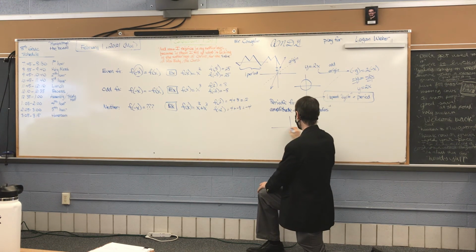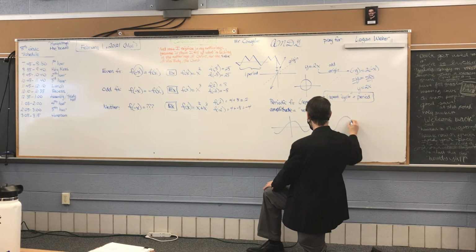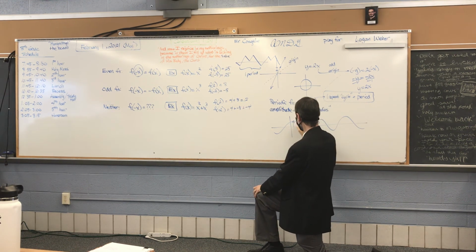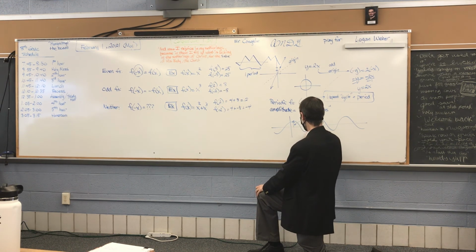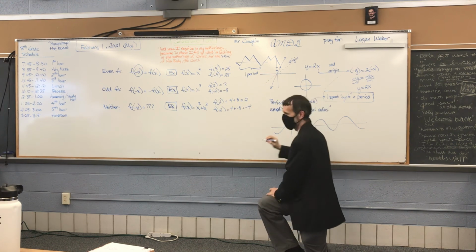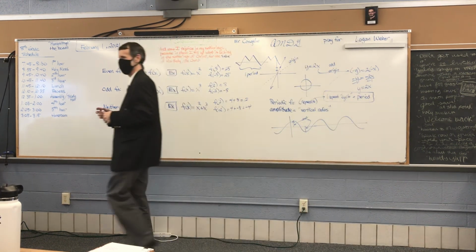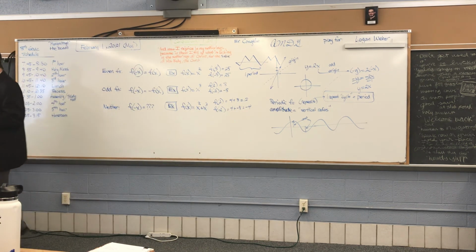So if I have a graph that's going like this, and that's a sloppy graph, this is the amplitude. This is also the amplitude. In other words, how big is this radius from the center height? Thank you, Mr. Cobb.